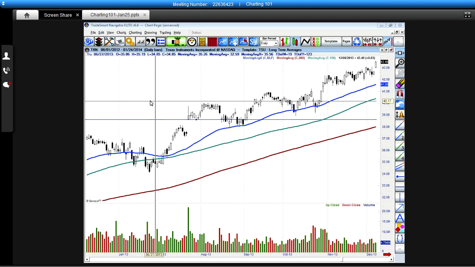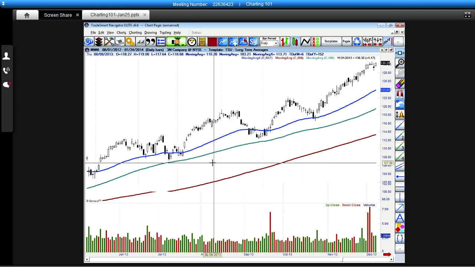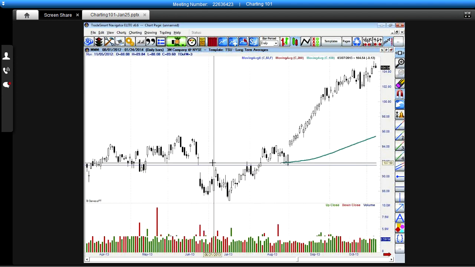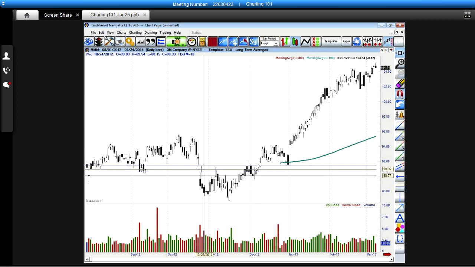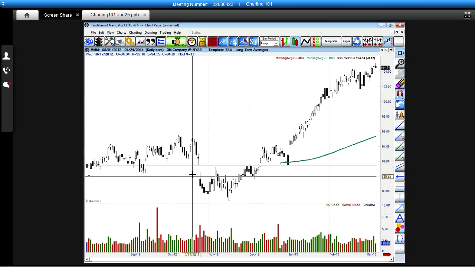Taking a look at another one here, which is 3M back in October 2012. This is a falling gap. And you can see this area between the two wicks represents, since it went down, this area becomes a resistance, and this also becomes a resistance.